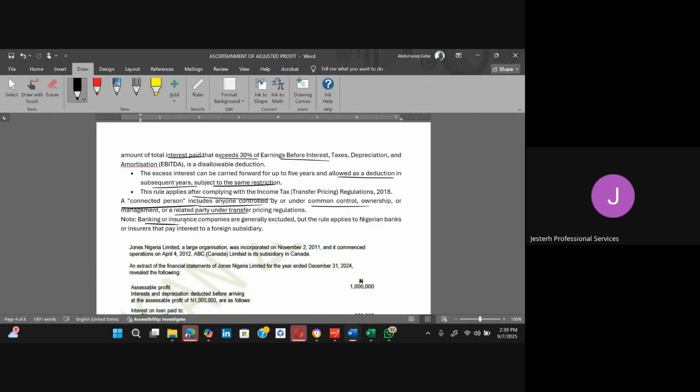Note, banking or insurance companies are generally excluded. So where you have a banking or insurance business, you definitely have different branches, different banks.